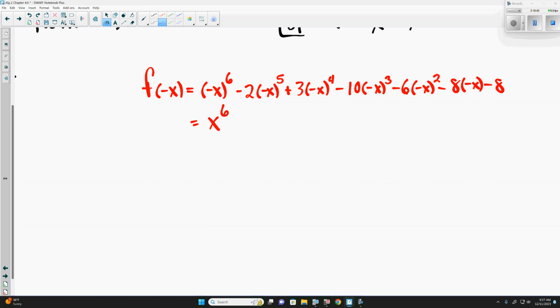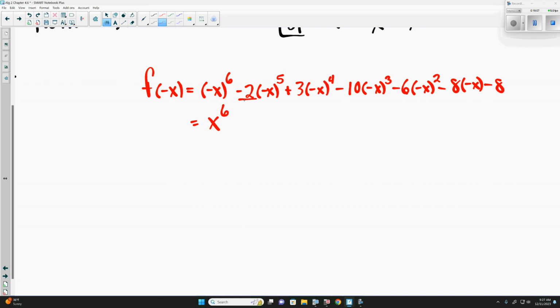And that's fine. The next one after it is negative x to the 5th. So we know that negative sign is still going to be there after we apply the 5th power to our negative x, yes? But that negative is going to affect the number in front of it, yes? So the way I think of it is if that power is odd, we still have that negative, it's going to change the sign of the constant term, or our coefficient.